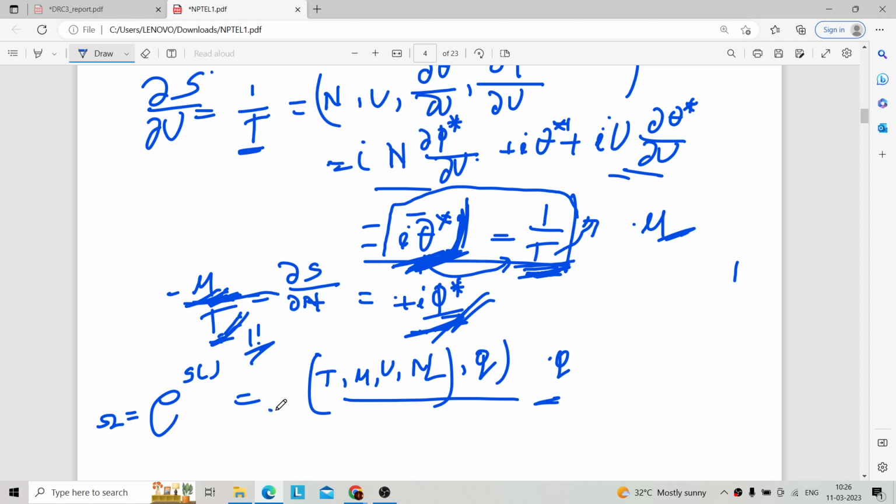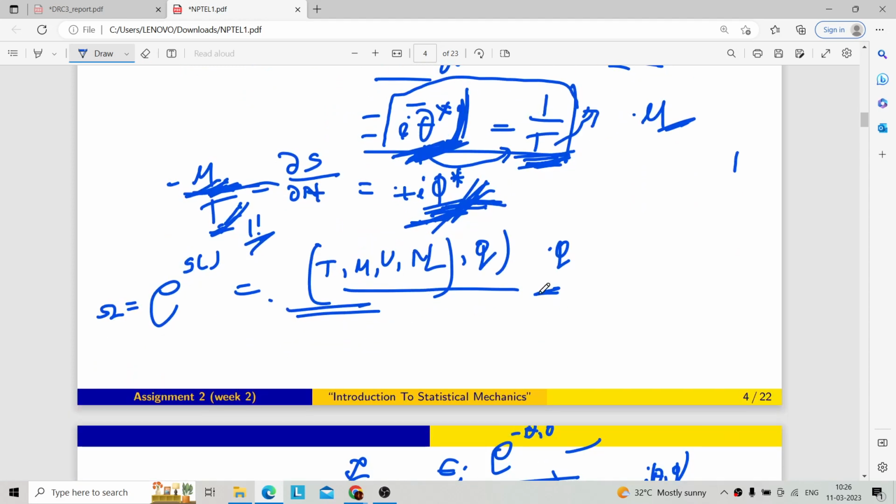Up to this part, I was trying to show you that this abstract notation that we took is not abstract anymore. They are physical variables like temperature and chemical potential. I'm not writing the form; you can find that form from the class. Depending on this q value, you can distinguish the distribution as Fermi-Dirac or Bose-Einstein.